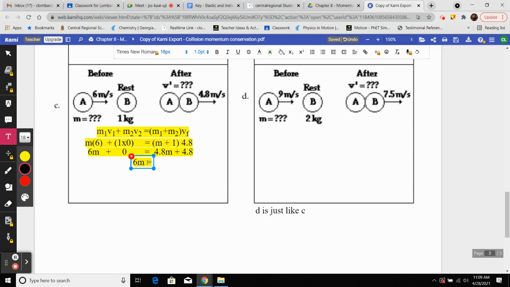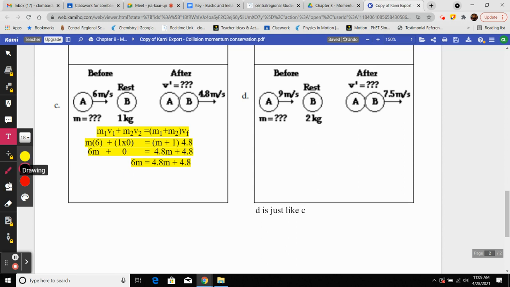Okay, that is going to equal 4.8m plus 4.8. Now again, I'm showing this completely worked out step by step. If you can simplify it a little easier in your head, go for it. But I just want to show the full thing. We've got to get the m's on one side of the equation.